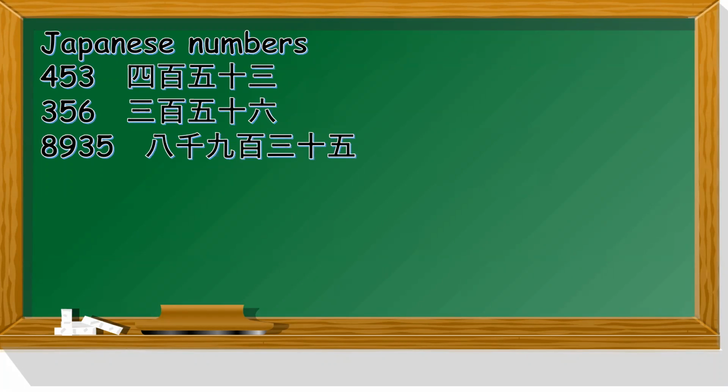So the answer we have is 8,935. Okay. わかりますか? Any questions so far? ありません? Okay. So let's have some drills.